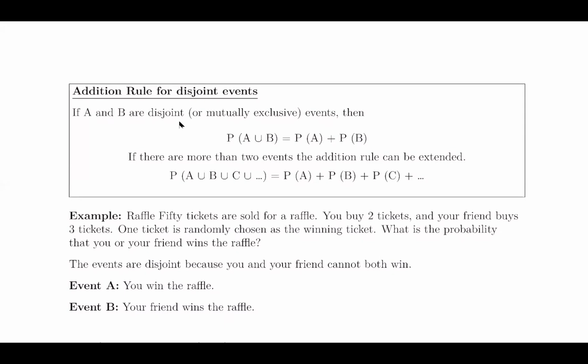So if you remember from yesterday, we went over that this symbol, if I remember correctly, is the AND statement. So today we're going to do the addition rule, and the addition rule is when we're doing the OR statement.